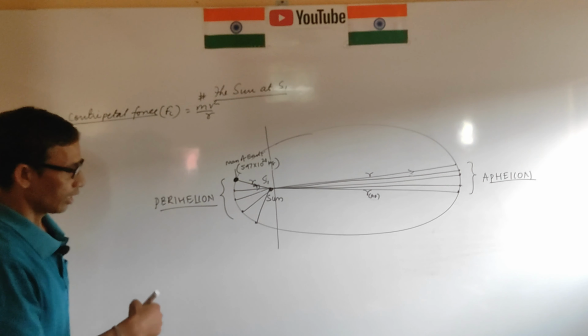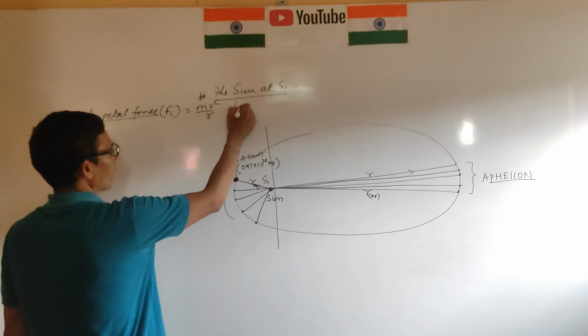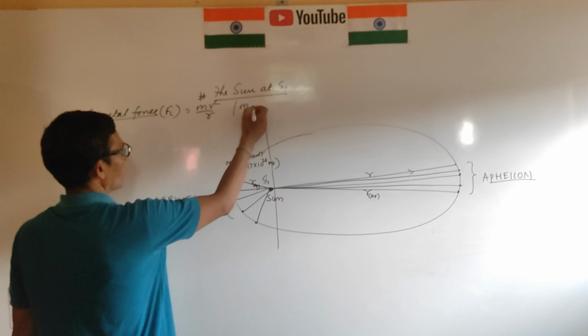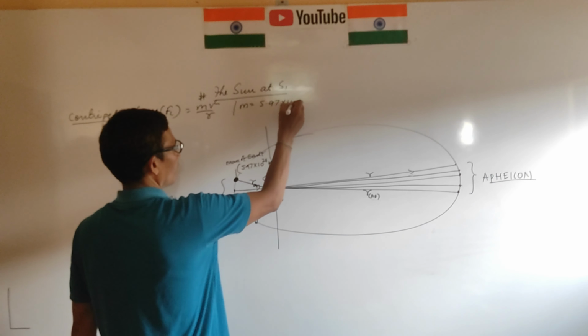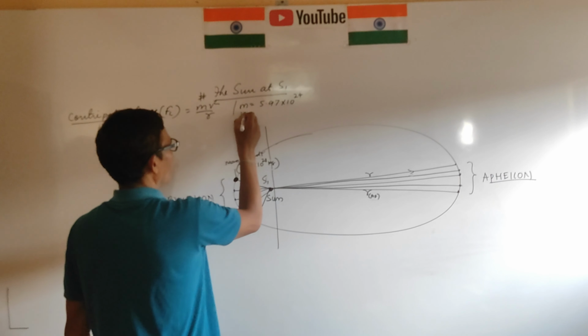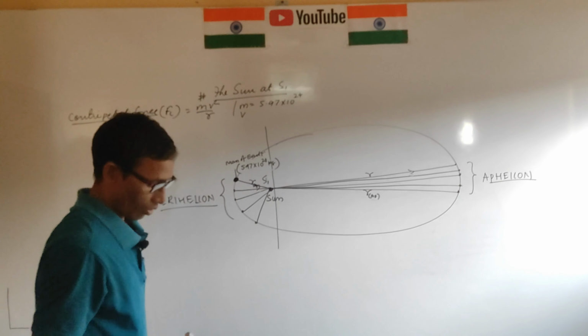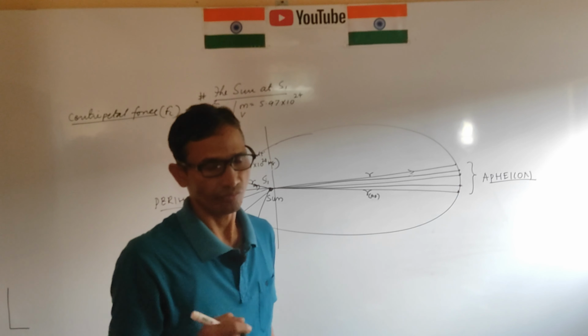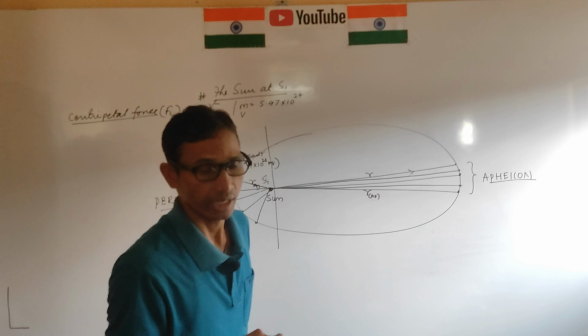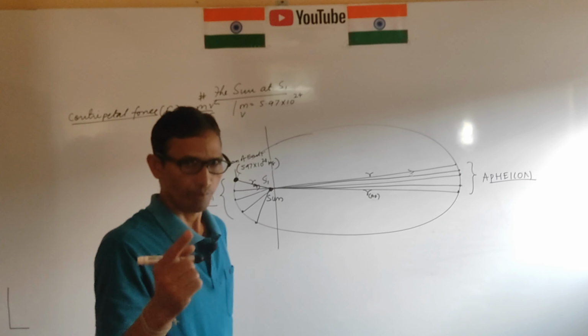This is the mass, 5.97 into 10 to the power 24, and the velocity of the earth around the sun is very high, that is 30 km per second.